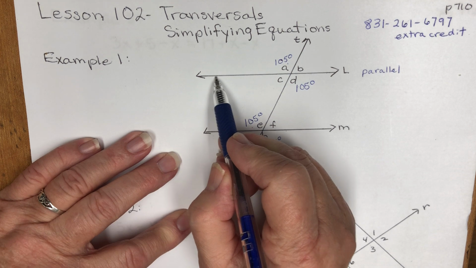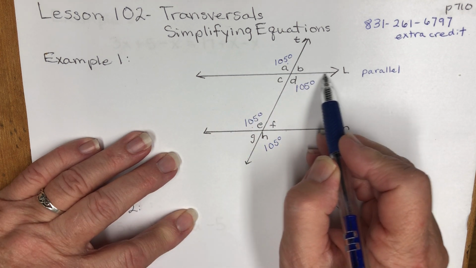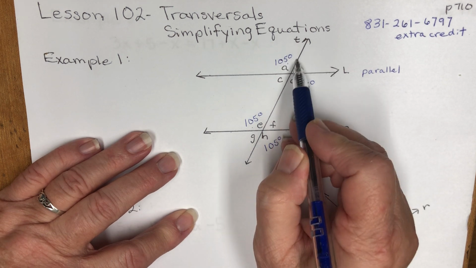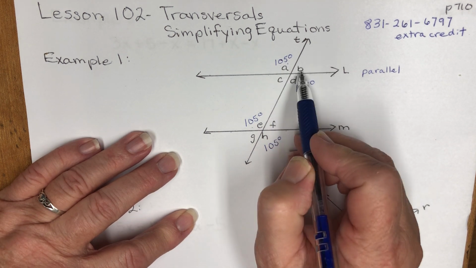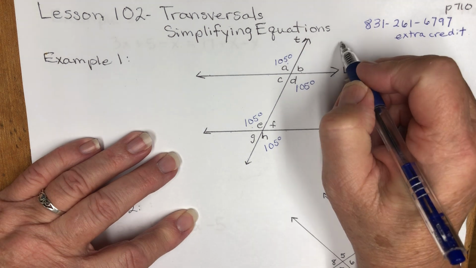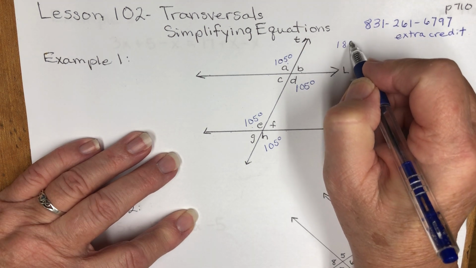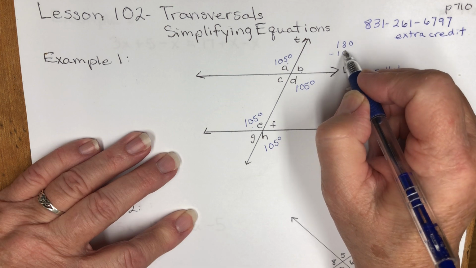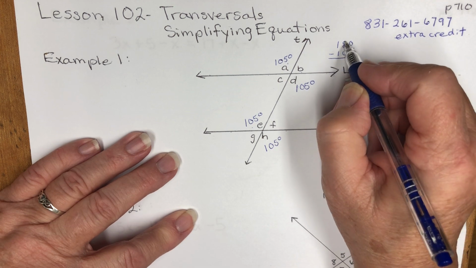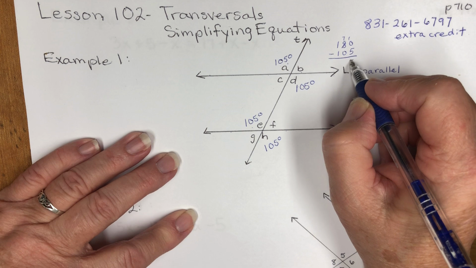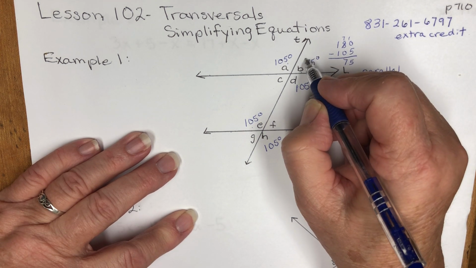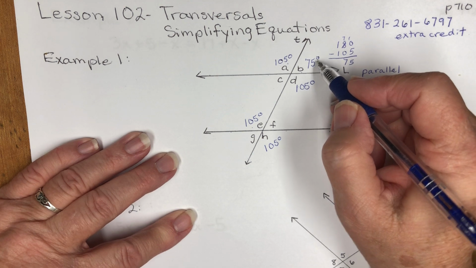Now looking at this, it is 180 degrees because it's a line. We know that A is 105 degrees, so to find B, we take 180, which is the measurement of a straight line, subtract 105 from it, and we get 75 degrees. So now we know B is 75 degrees.